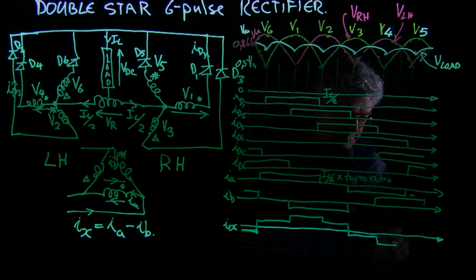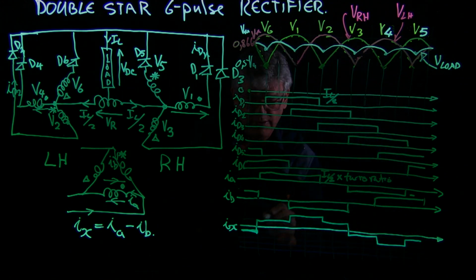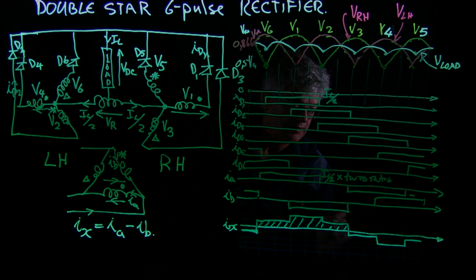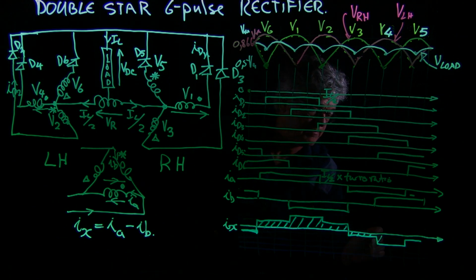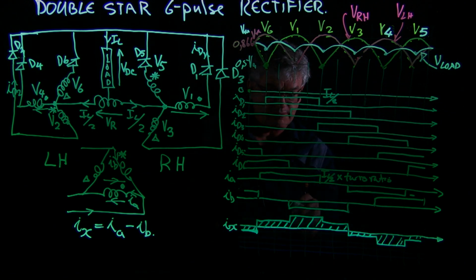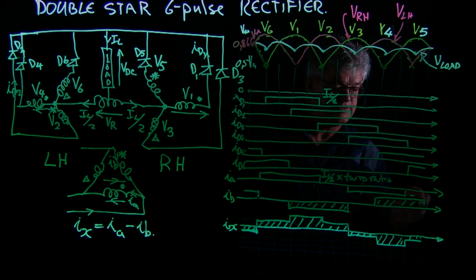And similarly, we can now go and complete the wave shape. And you will see that we have a stepped waveform. And here with IB and IA, we have quasi-square waves.